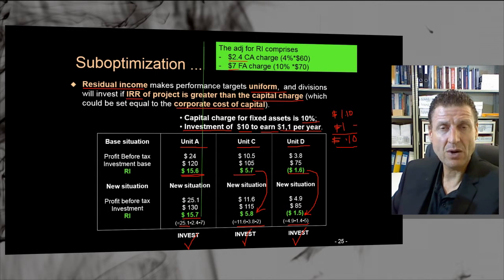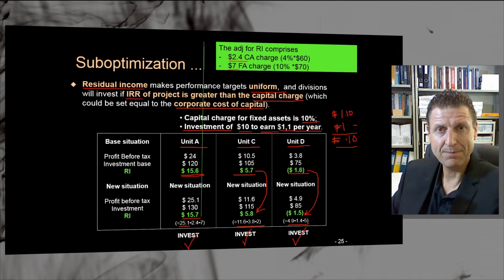And so now we have optimization because the decisions made by the divisional managers is exactly the same had decentralization not taken place. And so that's what we mean by optimizing the use of your delegation of authority to divisional managers.